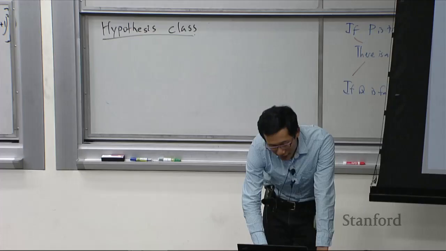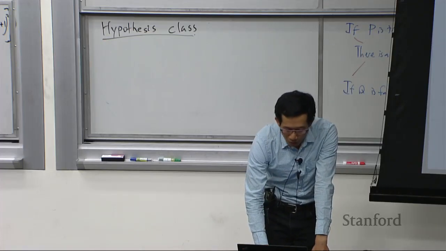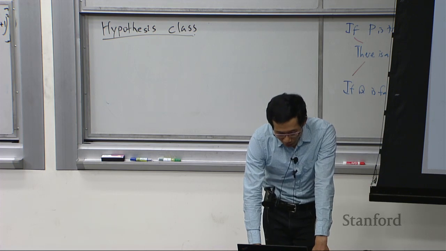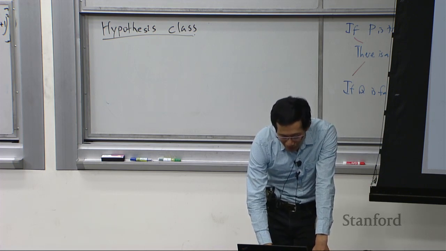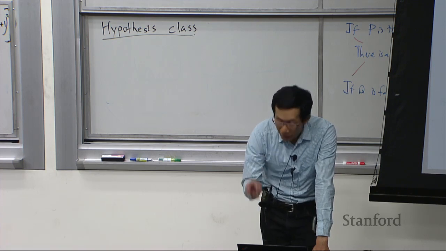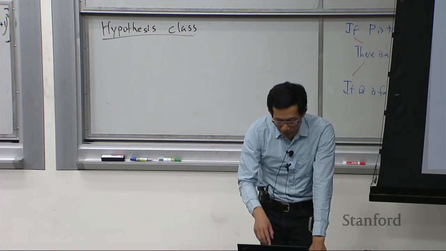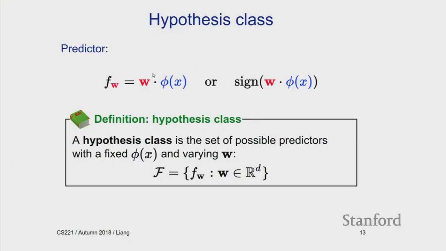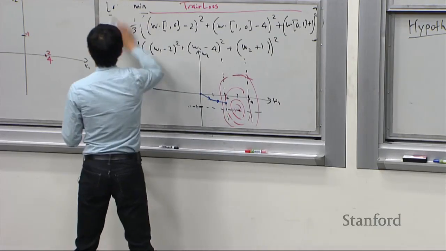So this is either going to be the score or the sign of the score in the case of classification. We can think about the hypothesis class as a set of possible predictors, assuming you have a fixed feature vector but you vary the weight vector w. So think about ranging w over all possible weight vectors and looking at the types of functions you can get out. Let me make this clear in a simple example.